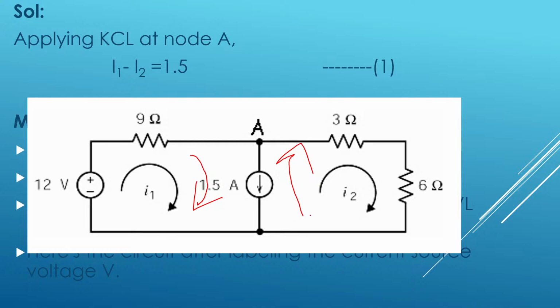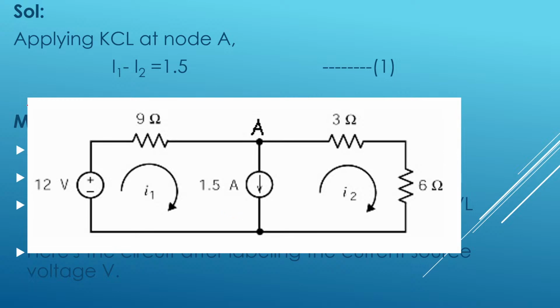The source current direction is similar to your I1 current. So the difference of I1 and I2 currents will be equal to the current source value. We already know in mesh analysis, when we write the mesh equations for the middle branch elements, if both the mesh currents are opposite, then we assume the differential current.